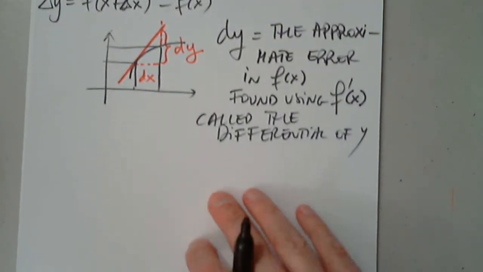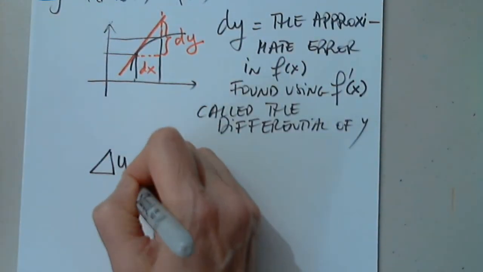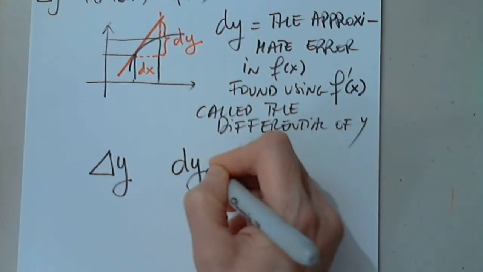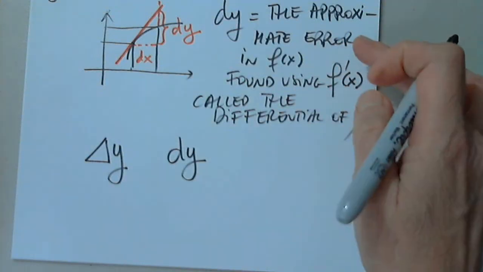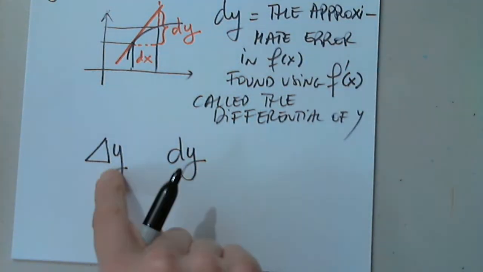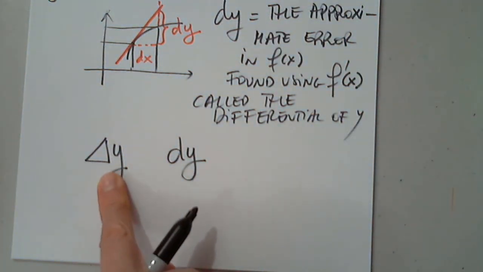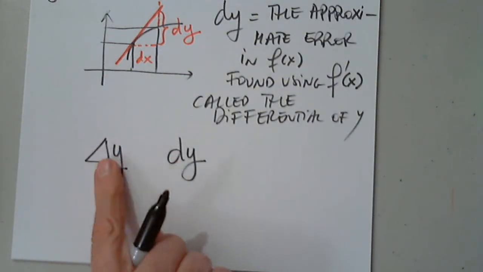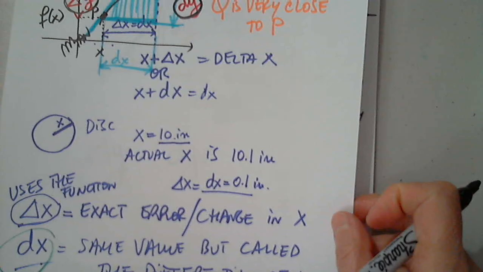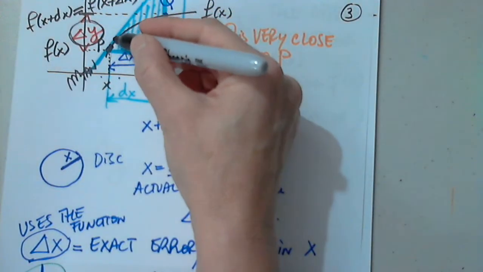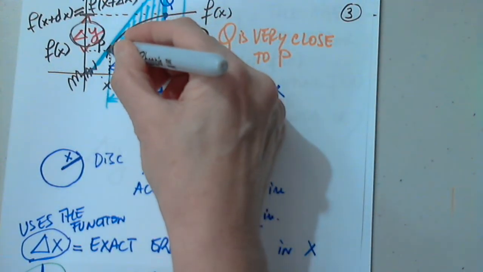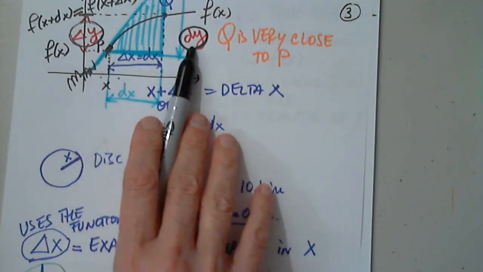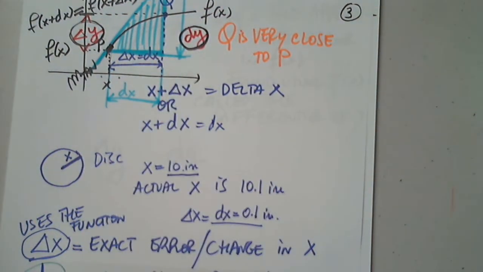What will be the relationship between the exact error and the differential of y, the error that is an approximation of the exact error using the derivative? What could be the relationship between these two?